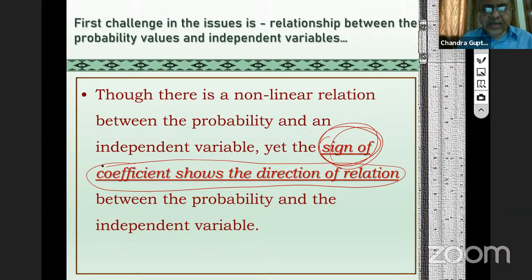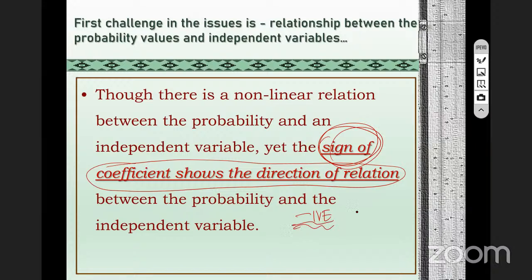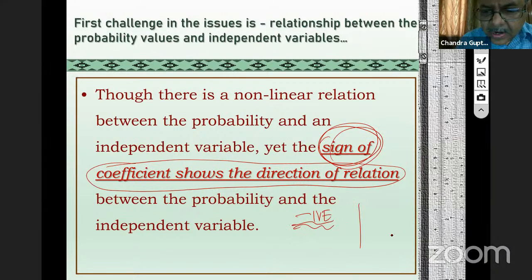If the sign is positive, then the higher the value of that variable, the higher the chance that the observation falls in the category of success. If it is a negative sign, then a higher x will lead to a lower probability that it belongs to the set of success.